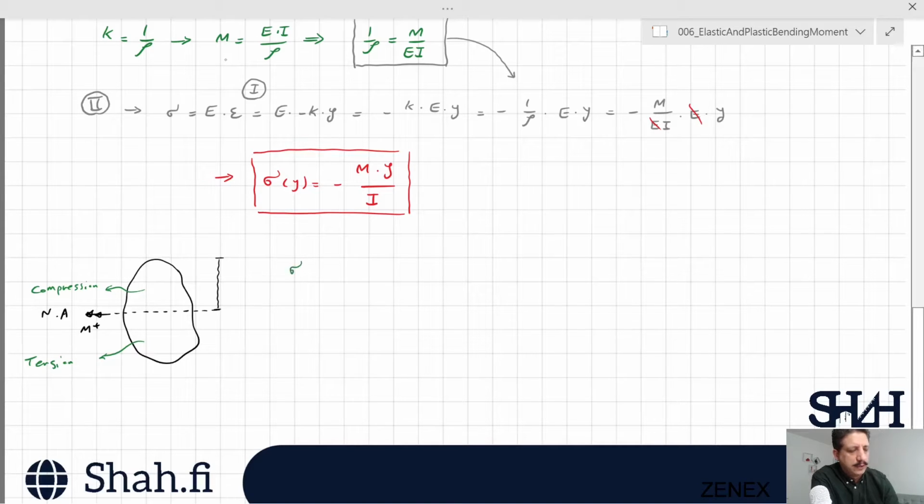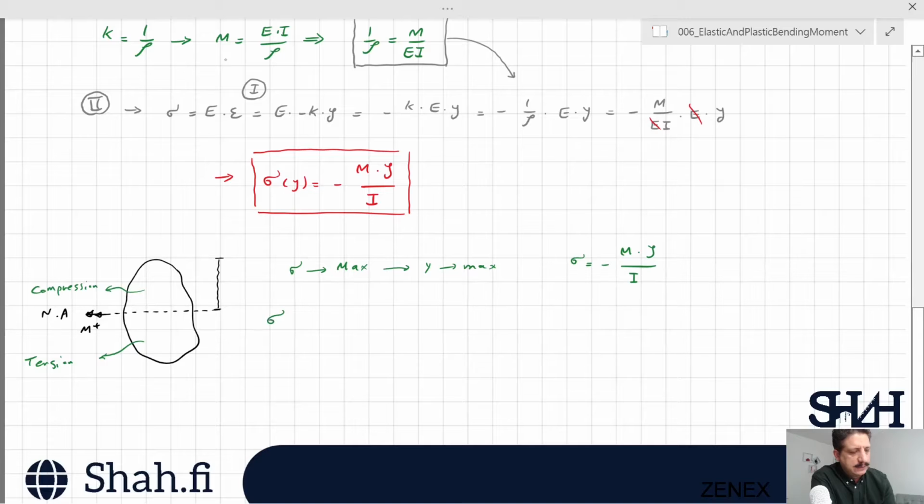So sigma will be maximum if y is maximum, because as we noticed, sigma is calculated according to M times y divided by I. I is the property of the cross section, which is the second moment of inertia, and moment at a certain point is constant. As a result, sigma is maximum when y is maximum.